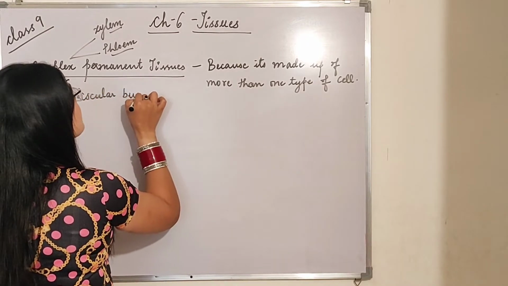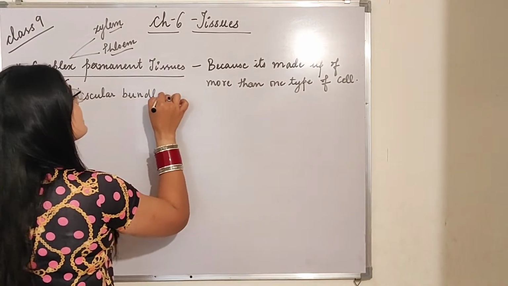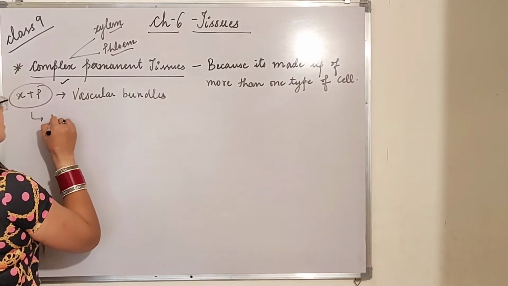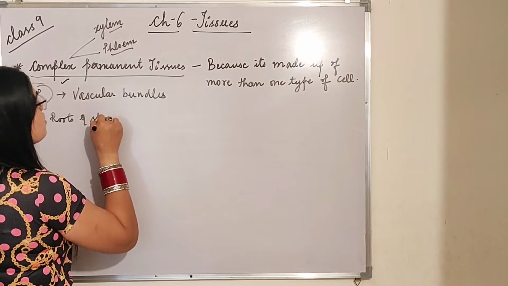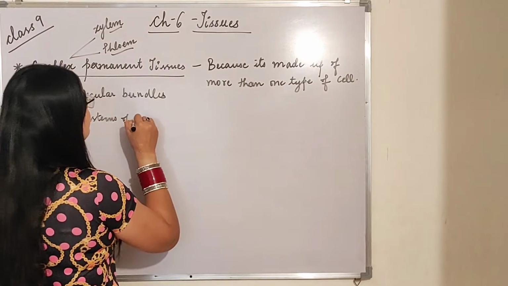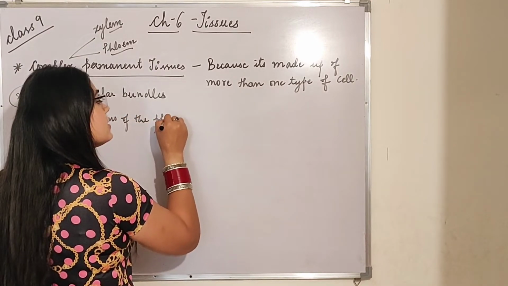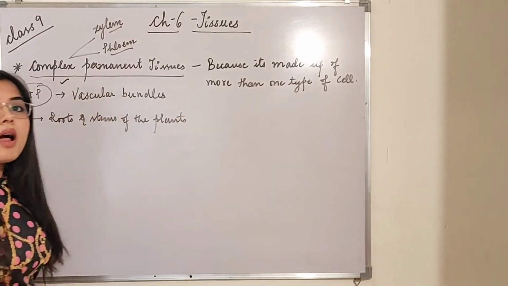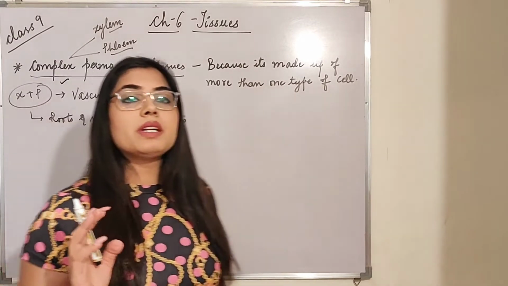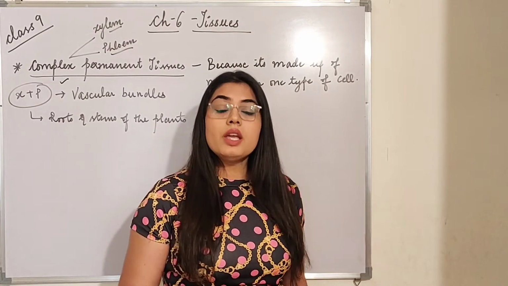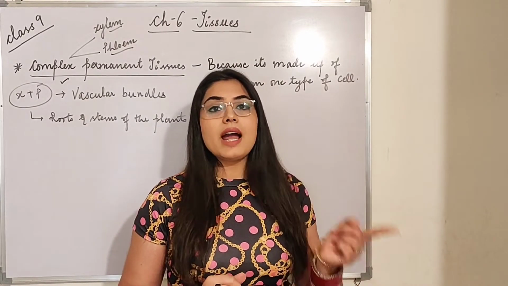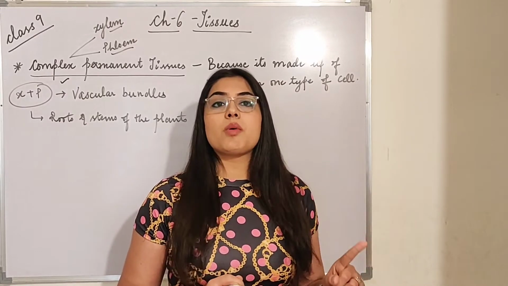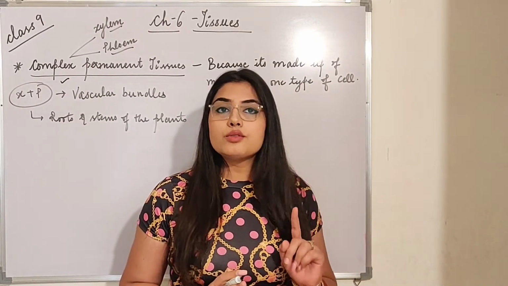Vascular bundles are present inside the roots and the stems of the plants. Now their main function is transportation. Xylem is responsible for the transportation of water and minerals, and phloem is responsible for the transportation of food.